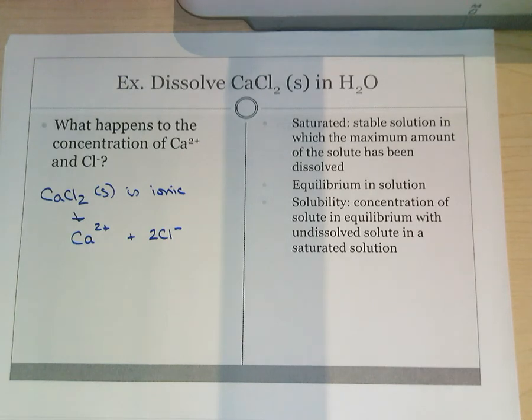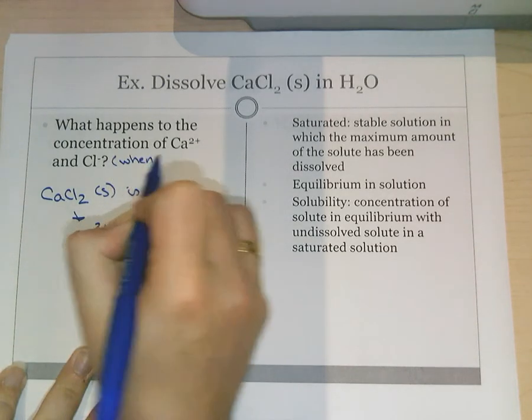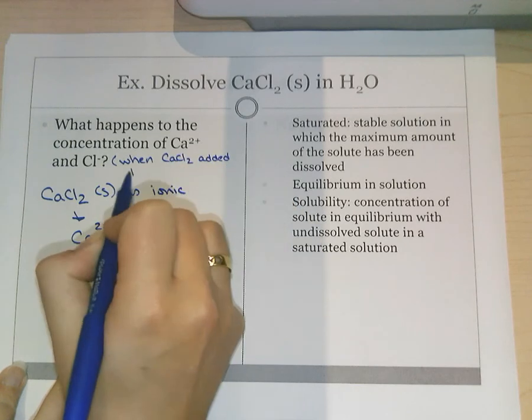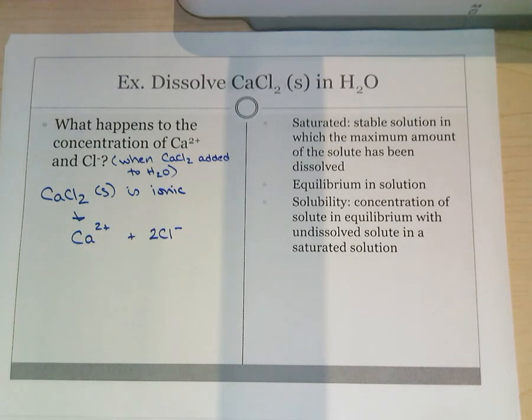So what happens to the concentration of calcium and chloride when we add it to water? Let me finish my sentence there. All right, so in your original solution, was there any calcium chloride? There shouldn't be, right? You just have pure water. So if I add calcium chloride to it, what will happen to the ionic concentrations compared to 0?